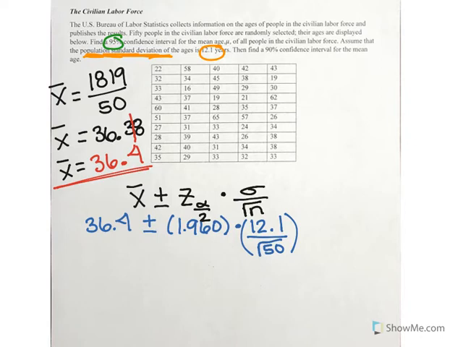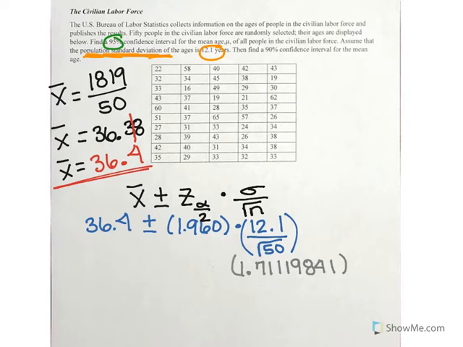Now, when I go to multiply, I keep all my numbers. I'm going to do the division first: 12.1 divided by the square root of 50. I'm going to write it all down for you. That gives 1.71119841.